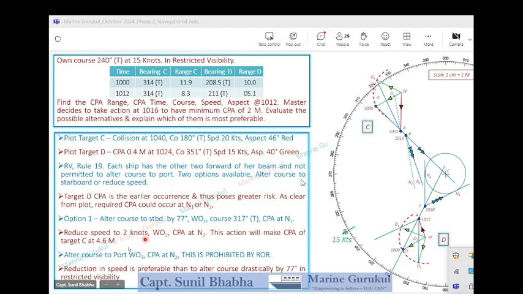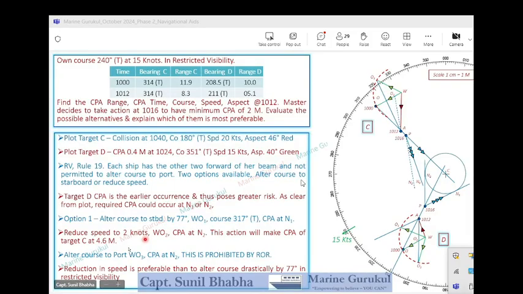So you will have to visualize and see that. जैसे इस केस में we can see कि irrespective of how much increase or decrease we do to WO vector, WO is almost running parallel to the new line of approach. So any reduction or decrease of speed or increase of speed is not going to take us to the new line of approach. So it may differ from question to question, beta. Every question we'll have to give a good look to the plot.